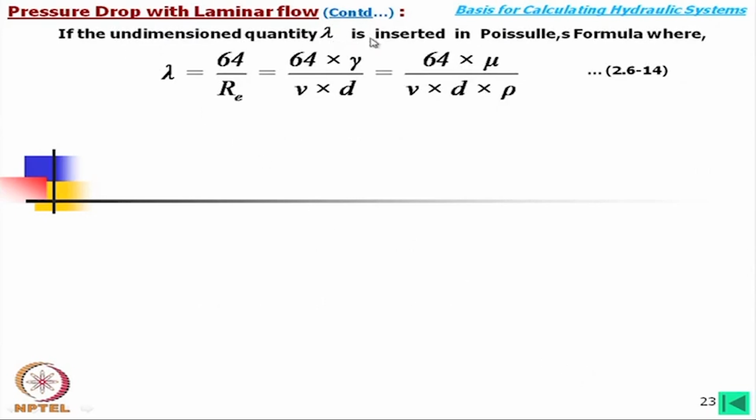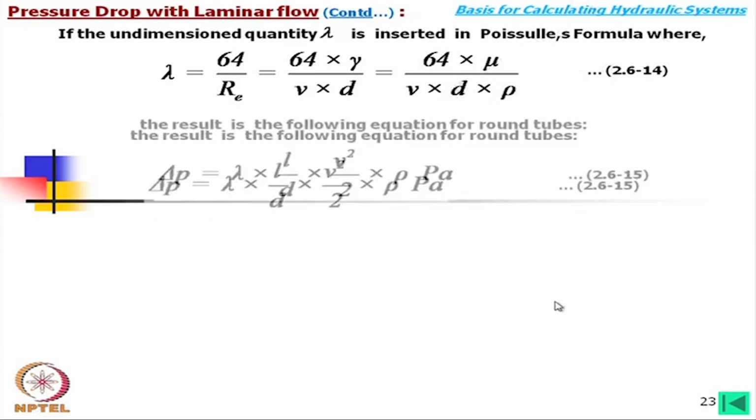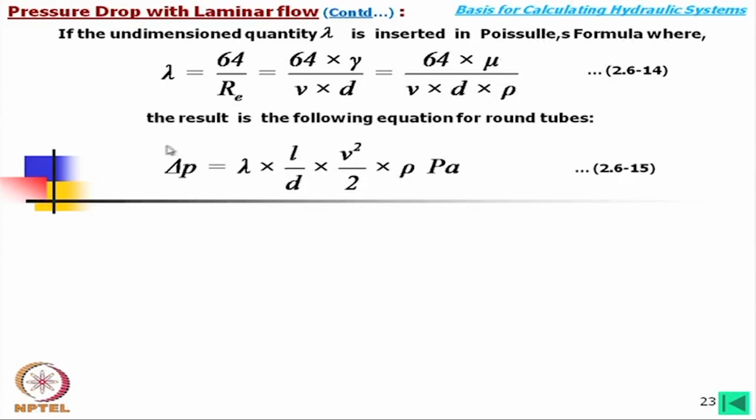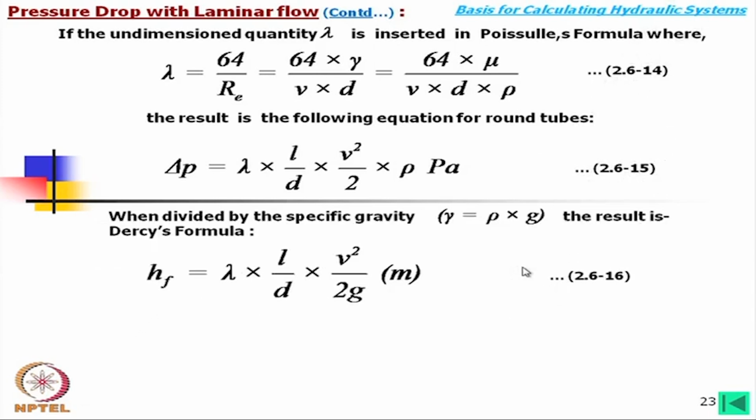The lambda is inserted in the Poiseuille's formula, where this lambda is 64 by the Reynolds number, and this can be further derived in that way, and then the pressure drop is given by this equation. We have introduced this factor to get a realistic value. Okay.